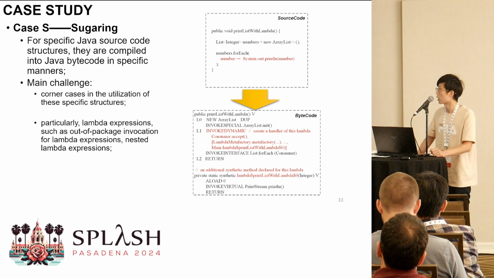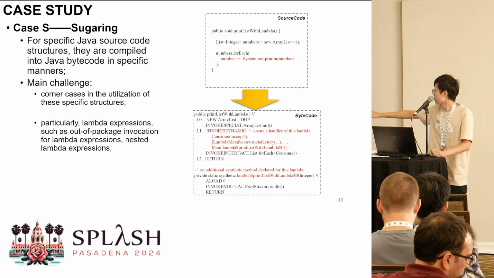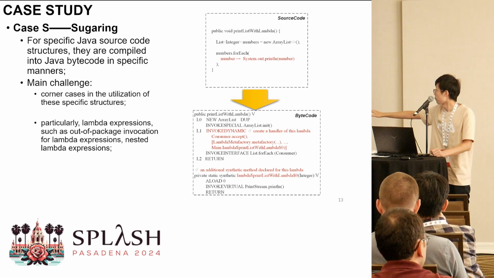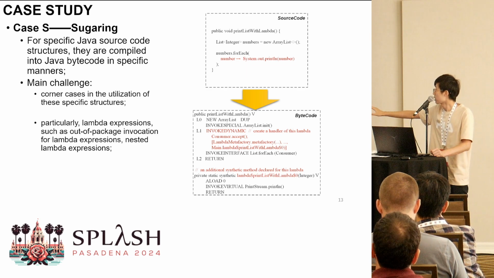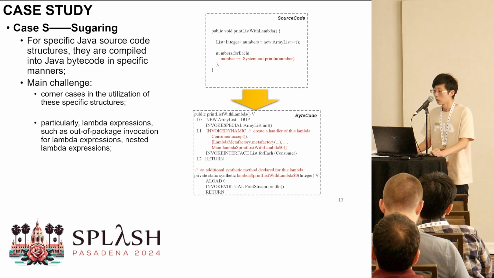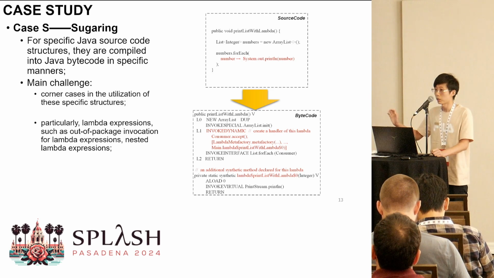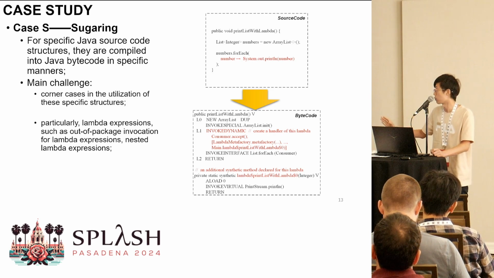For instance, a lambda expression is first compiled into a synthetic lambda method, and then this method is invoked according to the meta factory invocation. Certainly, in decompilation, the decompilers can generate code that exactly mirrors the bytecode, but it is usually difficult to understand.